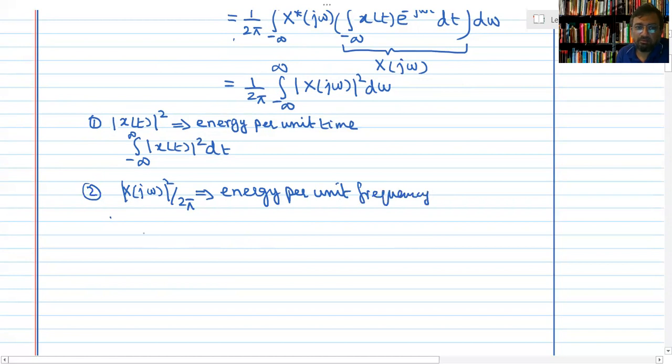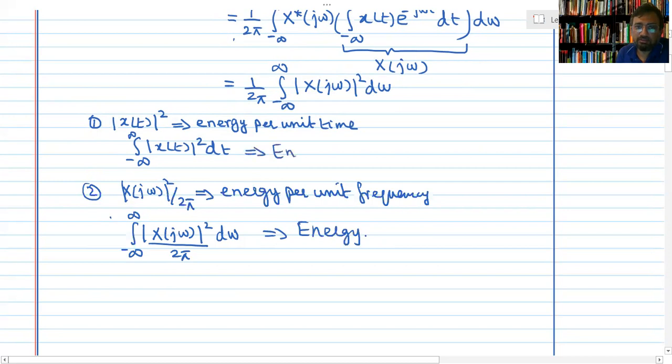And then we integrate the energy per unit frequency over all the frequencies, and this is also equal to the total energy in the signal.